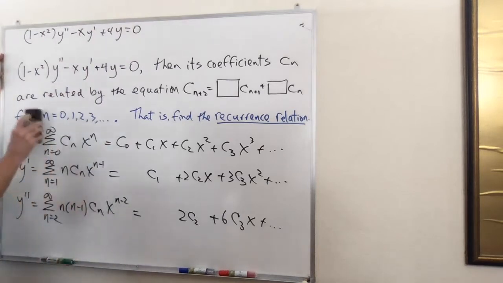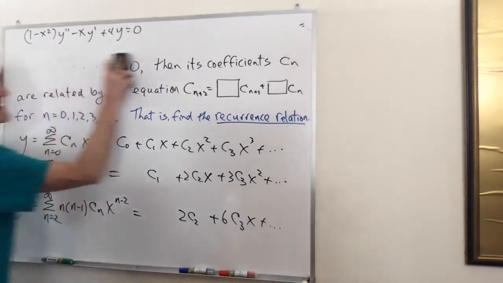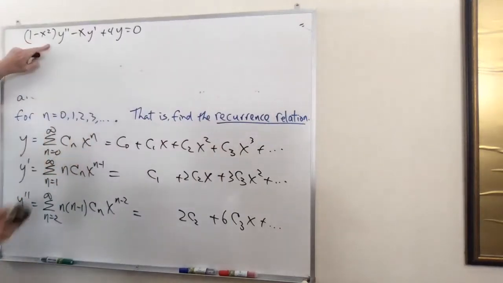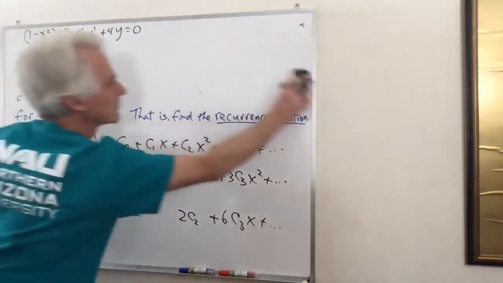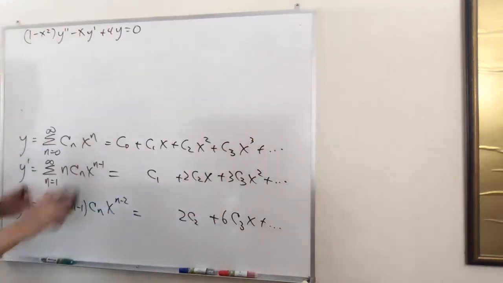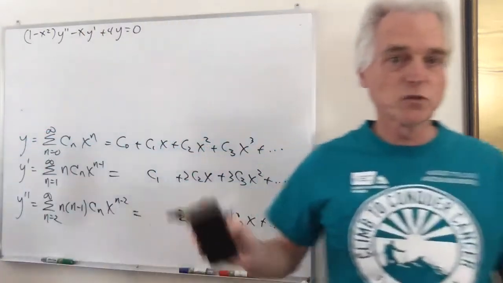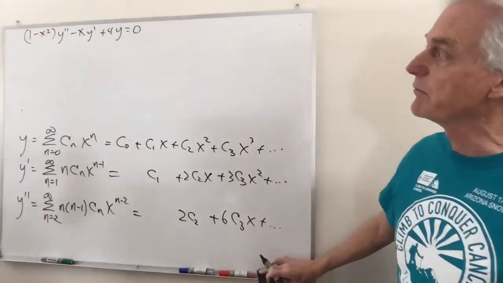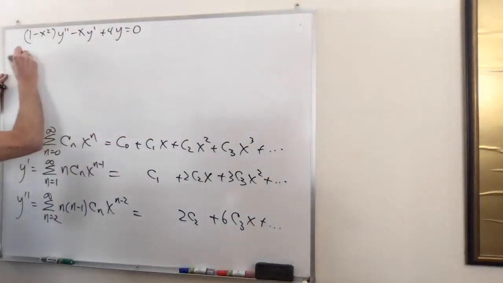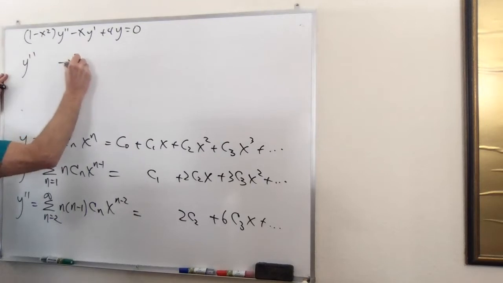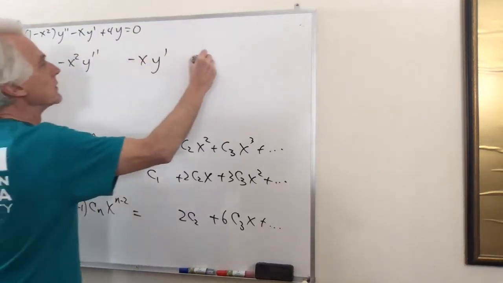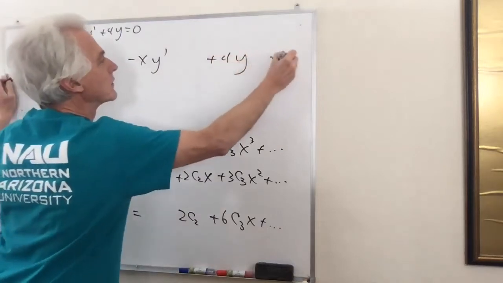And then I'm going to rewrite it before I plug these in, breaking this into two terms, because I'm going to handle the y double prime and the x squared y double prime separately. All right, so you get y double prime minus x squared y double prime minus x y prime plus 4y equals 0.